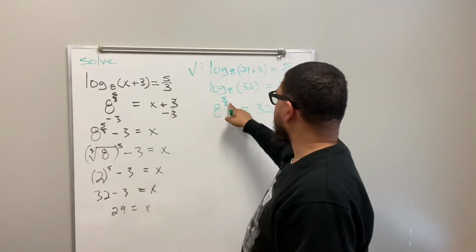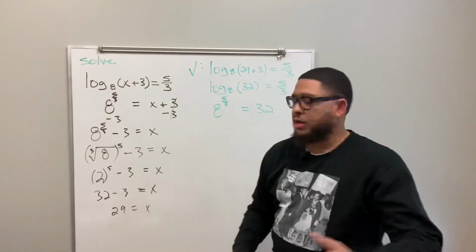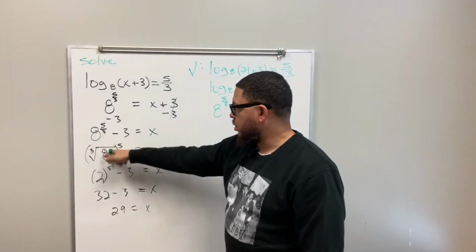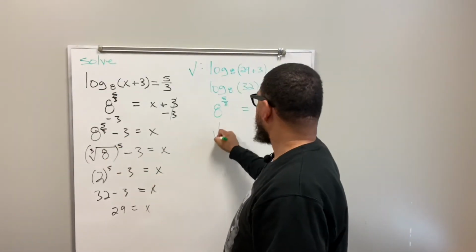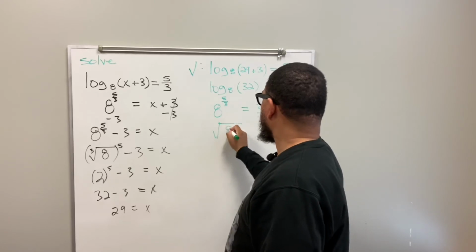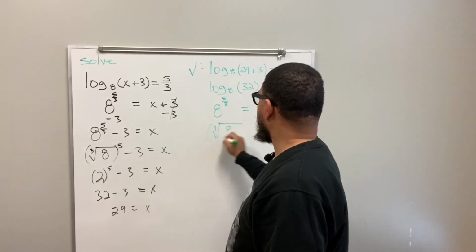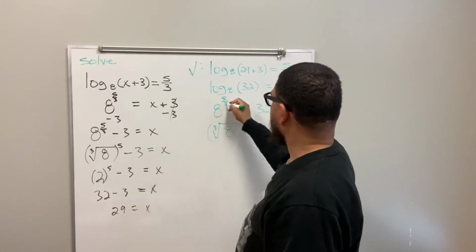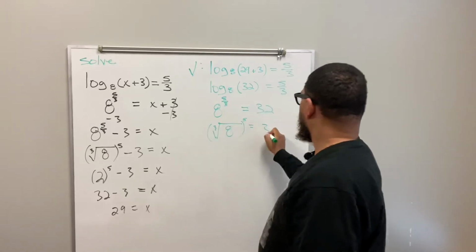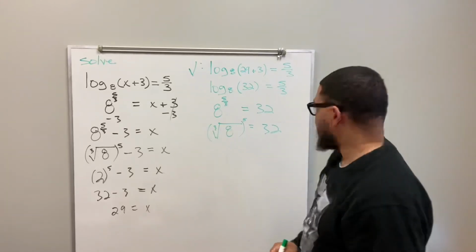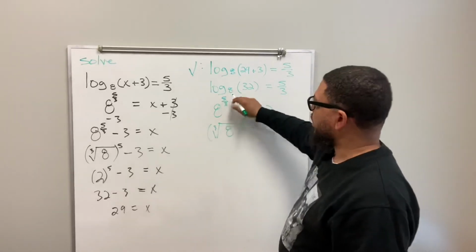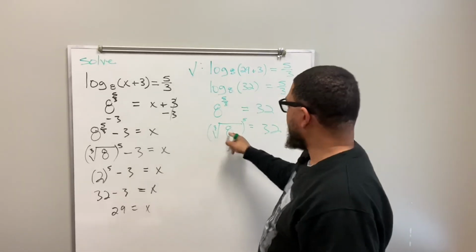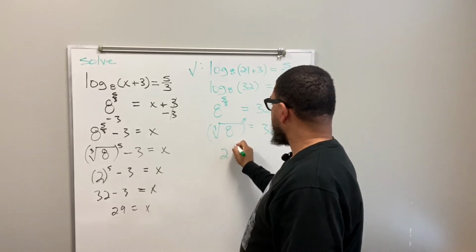Now I rewrite this, again, fractional exponent. I rewrite it the same way I rewrote this down here. So I got 8 in there, 3, and then 5: numerator, exponent; denominator, root. Memorize that. How to break down terms with fractional exponents. So the cube root of 8 is going to give me 2.